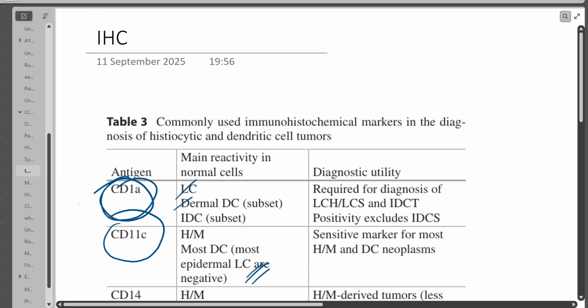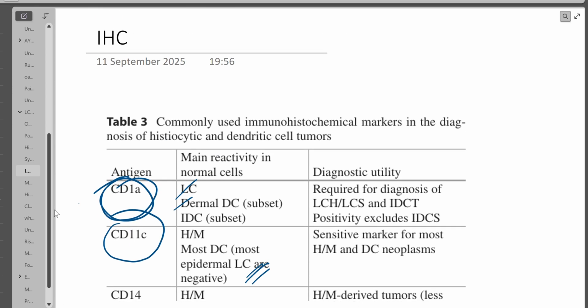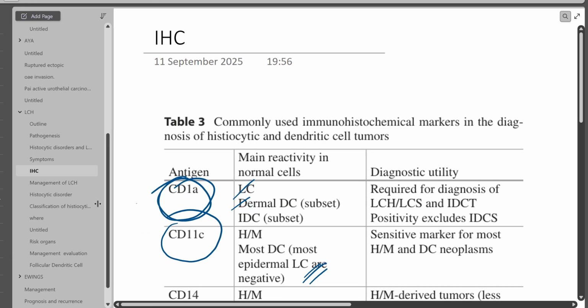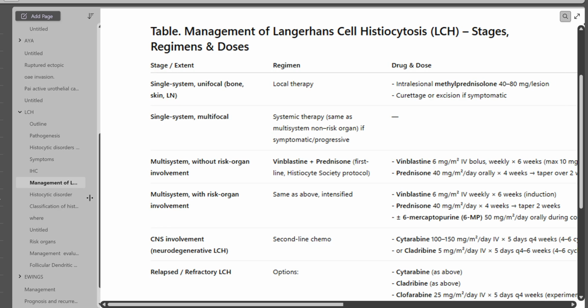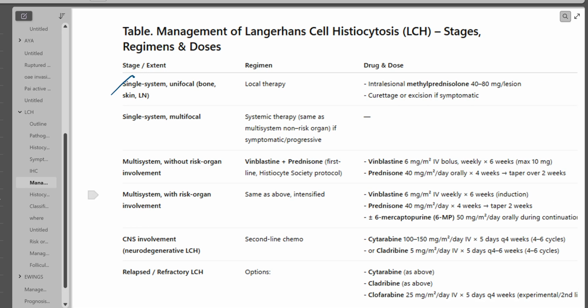Okay, so with all of that context, how will you manage it? Again, you look at whether it is single system involvement, unifocal or multifocal. If it is unifocal, you do local therapy, you can give intralesional steroids and you can do curettage.